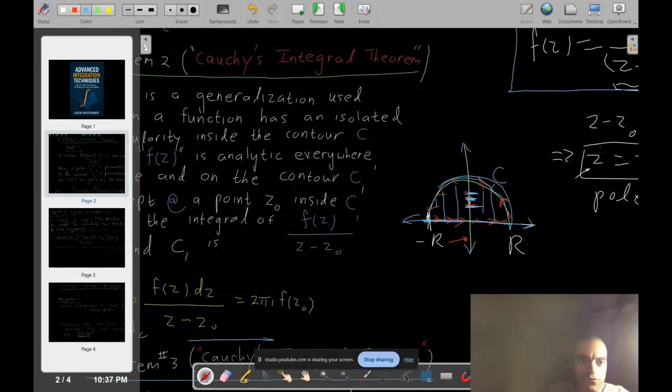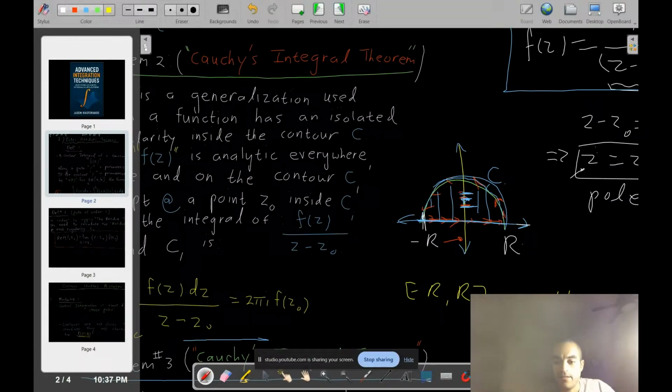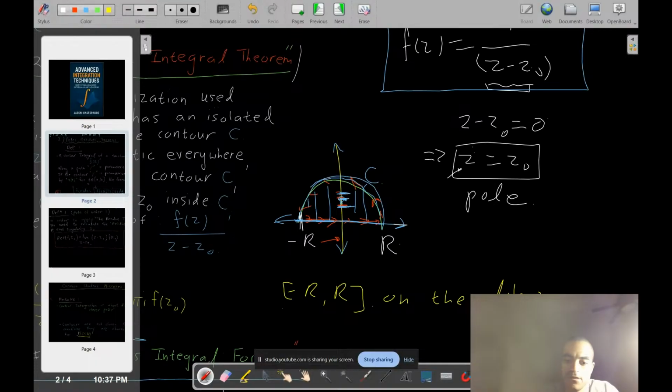So when integrating along a semicircle, whether upper or lower, you go from minus R to R, and then from R to minus R. So let me put it like this: minus R to R on the line, on the real axis that I've highlighted, along this parameterization here.